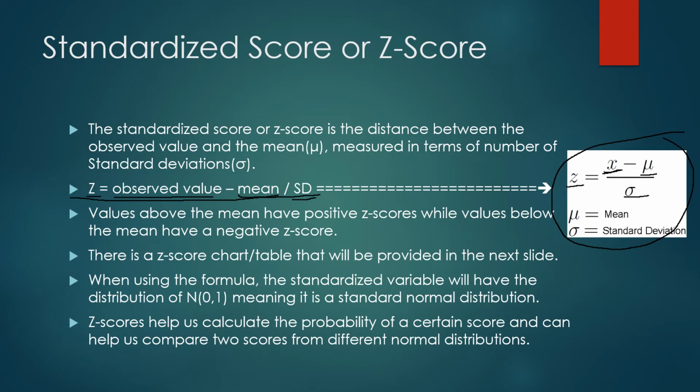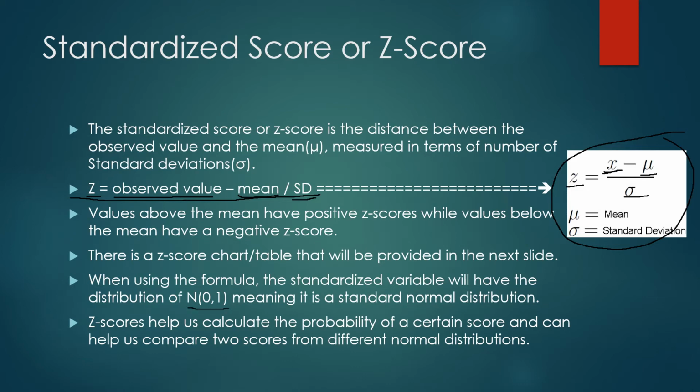Values above the mean have a positive z-score, while values below the mean have a negative z-score. There will be a z-score chart in the next slide for examples that we'll be doing. When using the formula, the standardized variable will have the distribution N(0, 1), where N just means normal distribution, the 0 is the mean, and the 1 is the standard deviation.